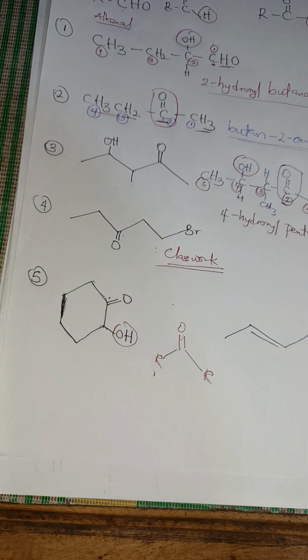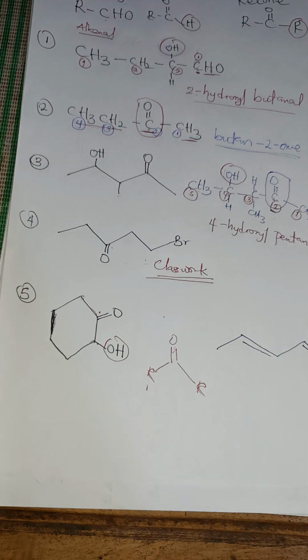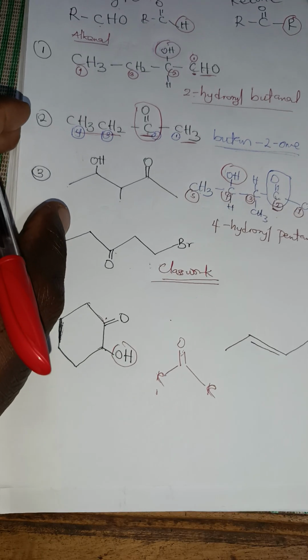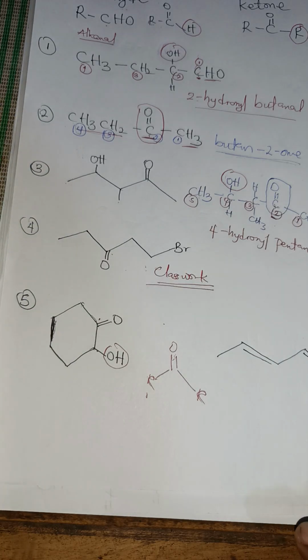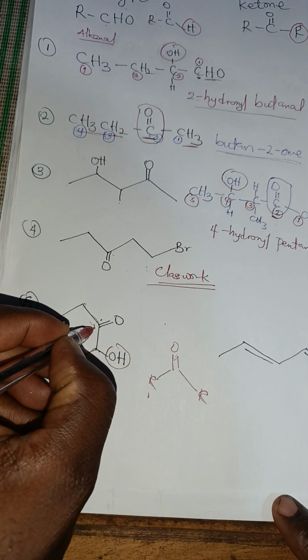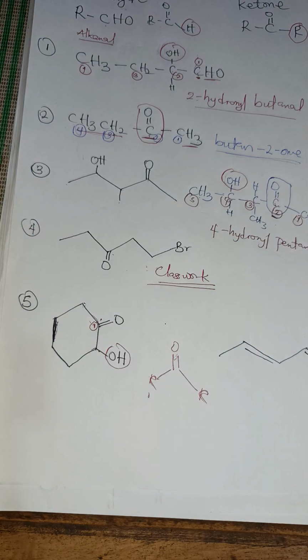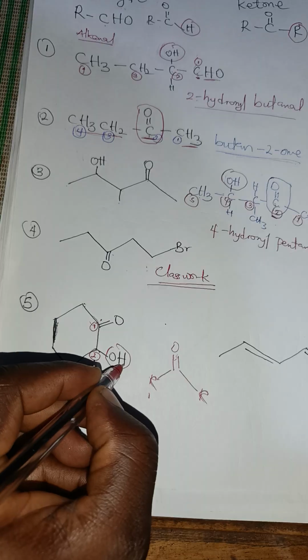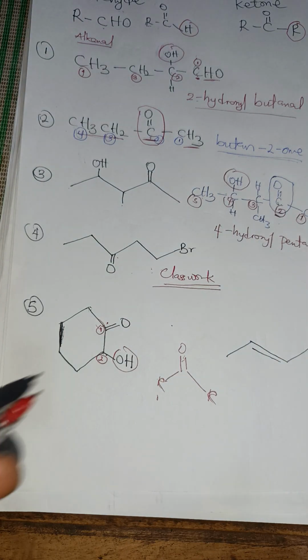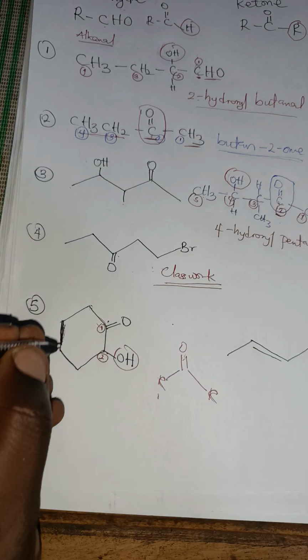So how do we name this compound? This is a ketone. And our ketone takes the priority. The ketone takes the what? Priority. And that guy has to be in position number 1 because it takes the priority. So this is position number 1. So this one would then be in position number 2, and it will be called hydroxy, because OH is a hydroxy.